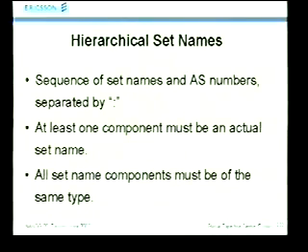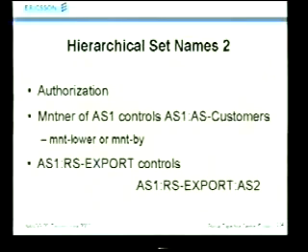But remember we talked before about this colon. It's to do with authorization. The maintainer of AS1 controls AS1:AS-customers. It actually controls the creation. Now, what I'm saying here is actually the mnt-lower.